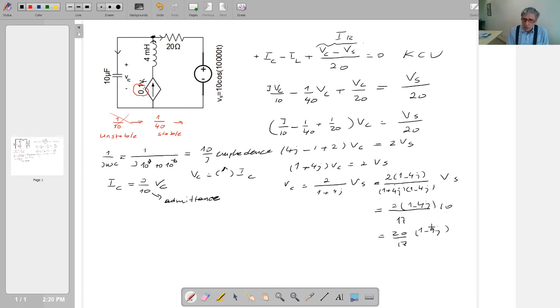So in order to transfer this phasor to a time domain sinusoidal function, I've got to transfer it to polar coordinates. So it's going to be 20 over 17. The modulus of that is the square root of 17. And e to the power j arctangent 4 over 1, isn't it?